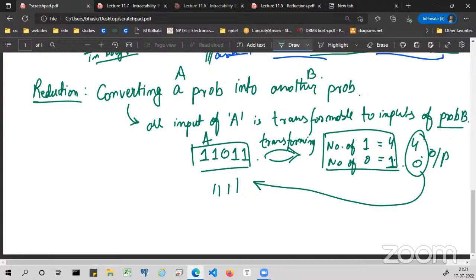Fine. Now, one fact about reduction. Suppose I have a problem. Let's not take A and B because you may get confused from this example, but the idea of reduction is this one. Let's say I have another problem, gamma.